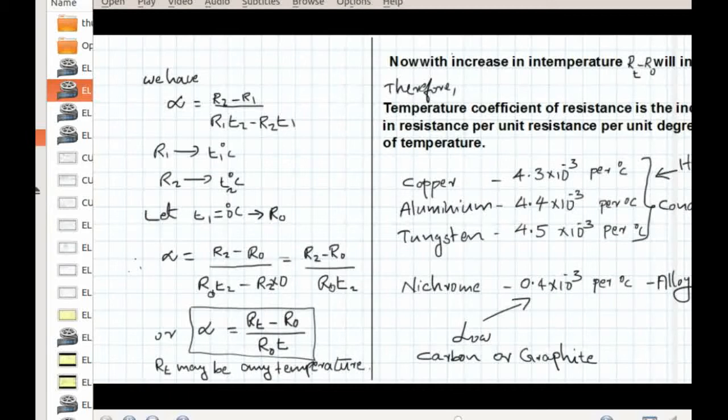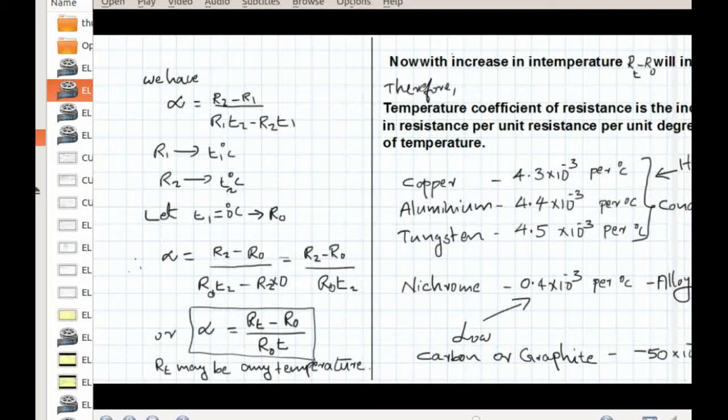Then there is carbon or graphite. This carbon or graphite, we will later learn more about. For this, the value of alpha is minus 50 into 10 raised to minus 5 per degree Celsius, or it is negative. That means alpha is negative.